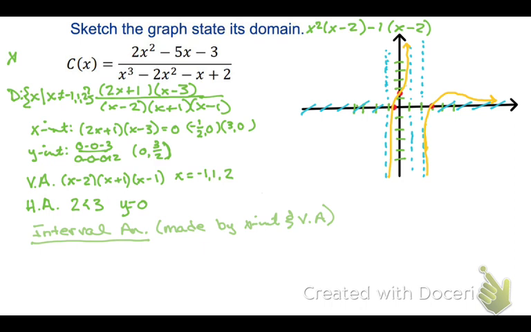Do you remember my little person that walks across, like skipping down the street? Always starts at -infinity. And then where's our first break? -1. Then I leave -1 and I go to -1/2, because of the x-intercept.